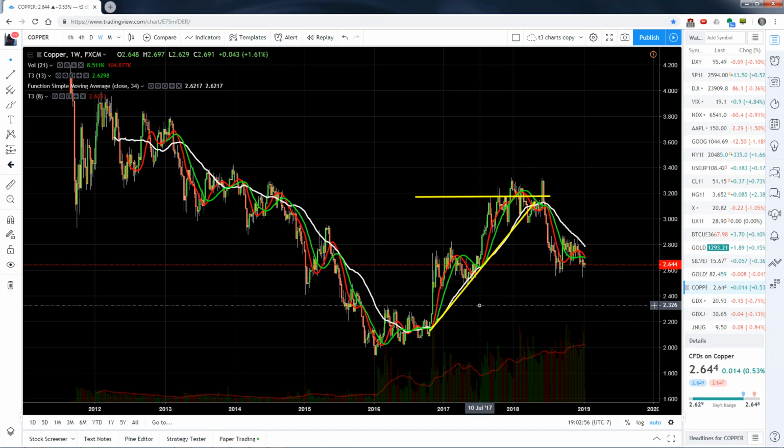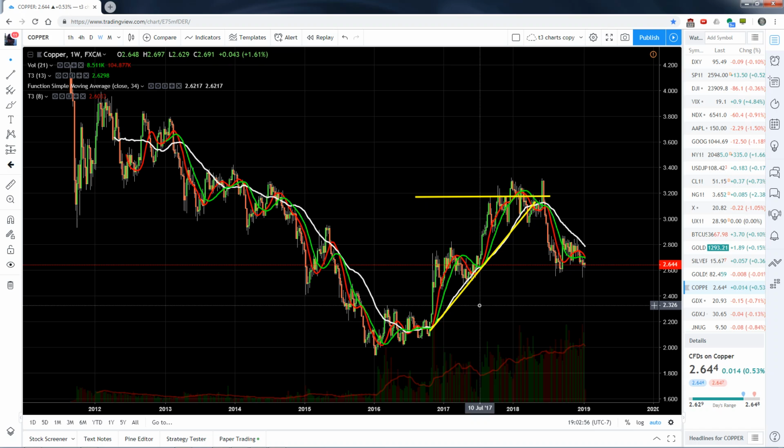Gotta check the longer. I guess it could come down a little bit. I got plenty of support here. I got previous lows, previous highs, previous lows, and a double bottom on this pattern forming here. So maybe a reversal, maybe not.